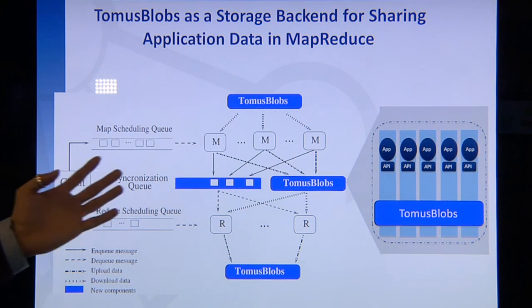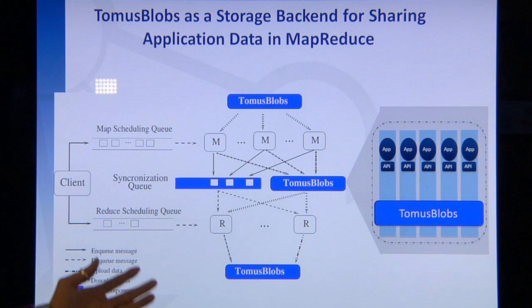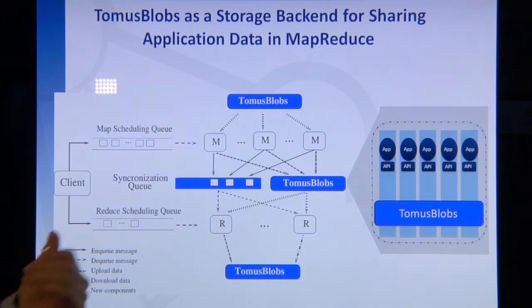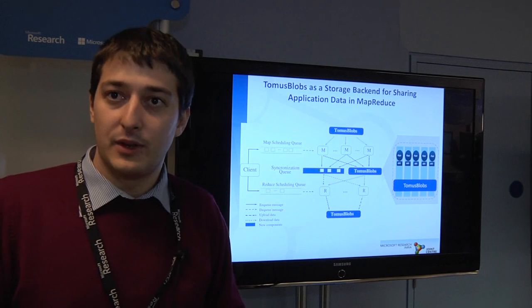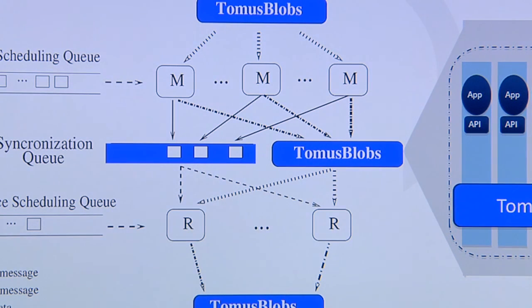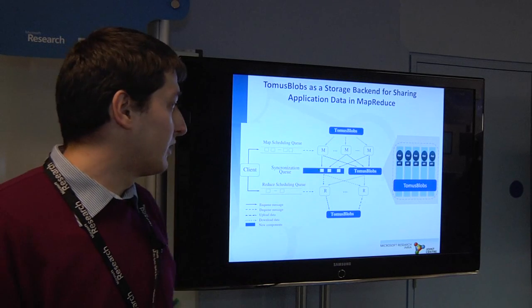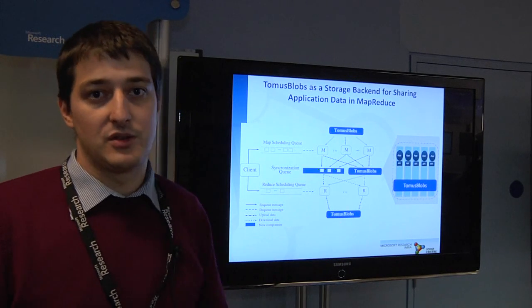For this, we constructed a MapReduce system, which we call Thomas MapReduce, and the storage system, Thomas Blobs, in which we collocate the computation with the data, and by this we are able, on one hand, to execute this challenging application and actually to execute it in quite an efficient time over other possibilities. You can find related publications for this.